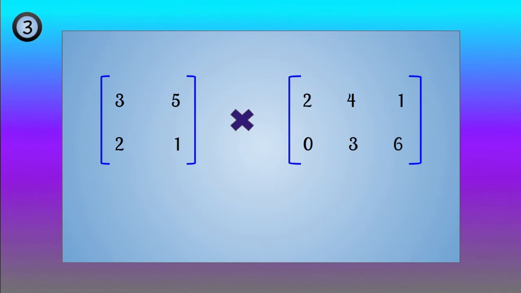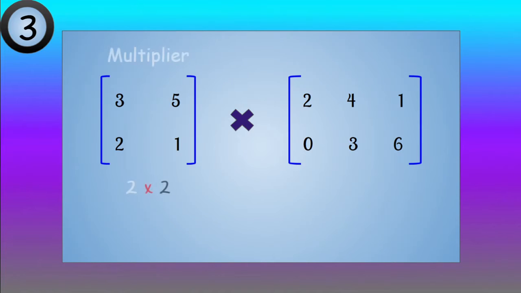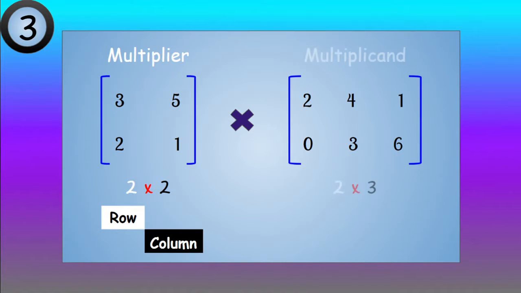The third thing to note is that we have to check if it's possible to actually multiply the matrices that we are asked to multiply. Our multiplier here is a 2 by 2 matrix, where the number before the sign represents the number of rows, while the number after the sign represents the number of columns. The multiplicand is a 2 by 3 matrix, and the same applies for the row and column naming.